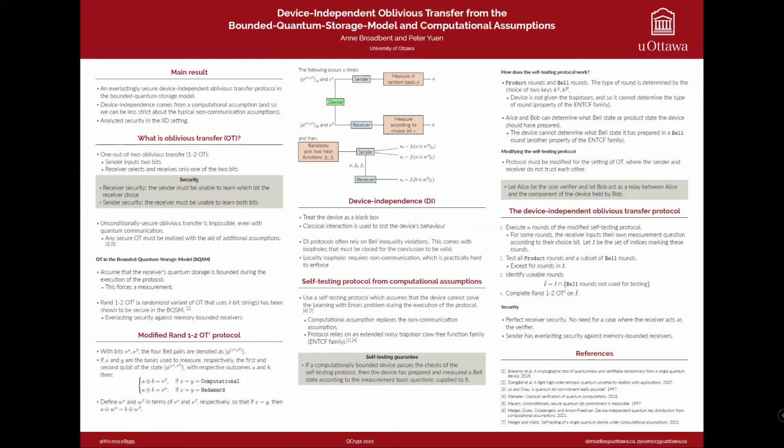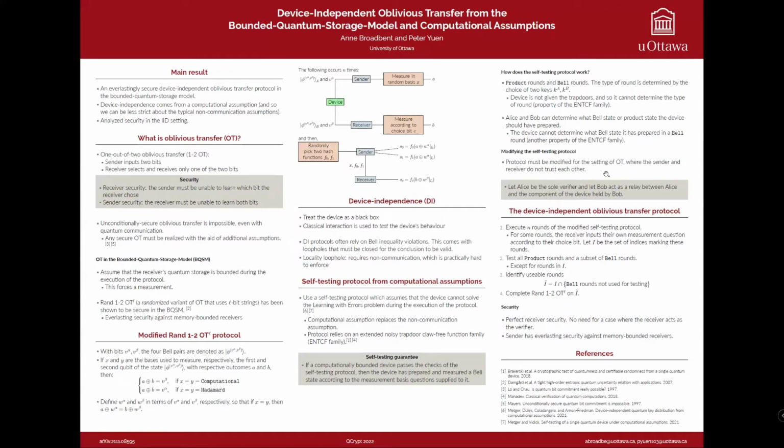But the testers, Alice and Bob in this case, would be able to determine what type of round the device is in, and they would also be able to determine precisely what state is created. And so they can use this to check if the device is functioning as intended, and if so, they gain some confidence about it.